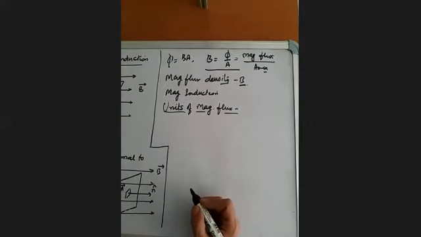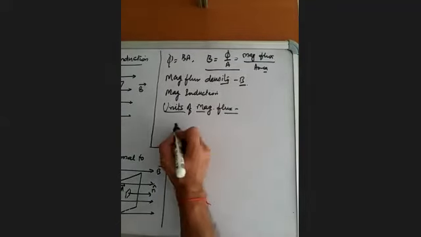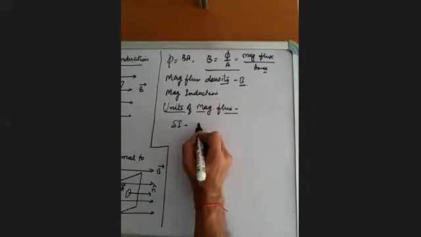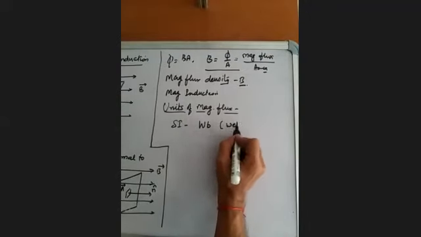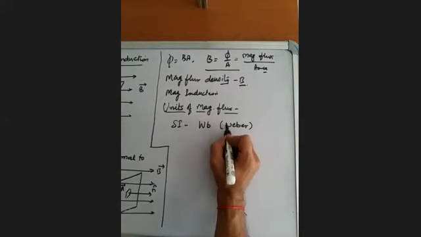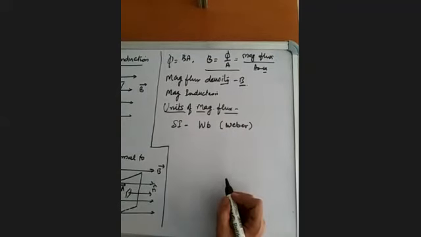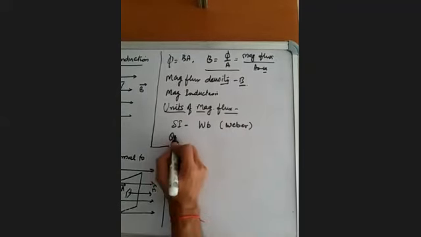Units of magnetic flux. The SI unit of magnetic flux is Weber, written as WB. So Weber is the SI unit of magnetic flux. And what is 1 Weber?